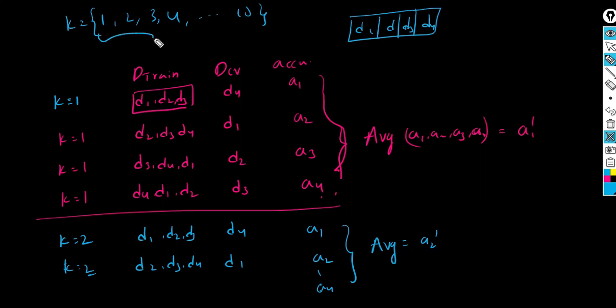For the 10 different k values, we are going to apply this at every stage. For all 10 k values, 1, 2 up to 10, we will get some accuracy from the model: A1 dash, A2 dash, A3 dash, A4 dash, like that, up to A10 dash.